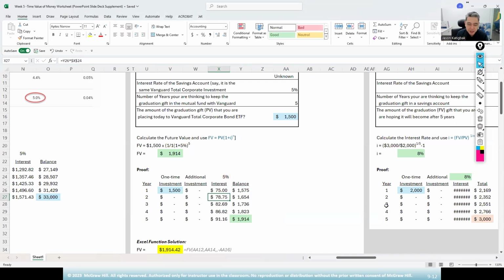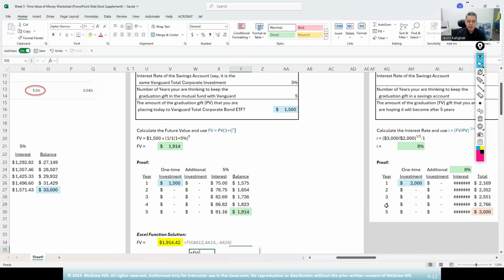I got $78.75. I would add that to the 1,575 from year one, 1,500 of principal plus 75, plus what it earned at the end of year two, because I'm not taking the money out. And as you go through, 1,914 is the same. Okay?